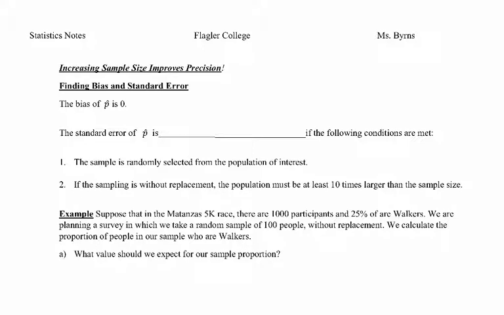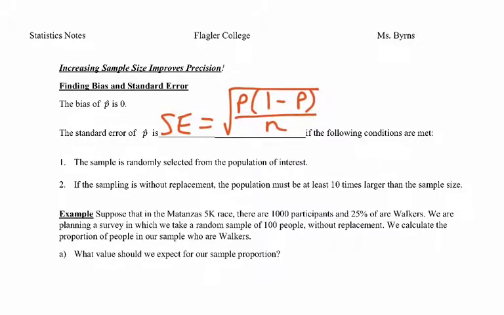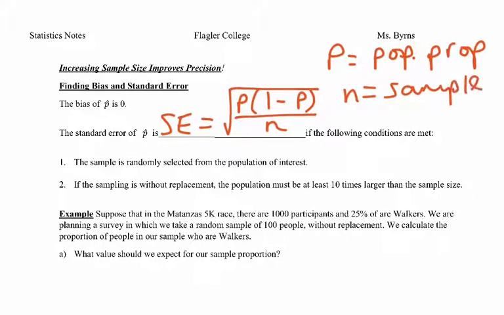It's a very easy computation. The standard error is the square root of P times 1 minus P divided by N. Remember what those variables stand for: P is the population proportion, and N is our sample size.